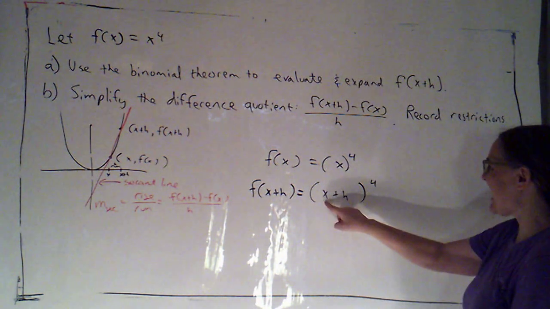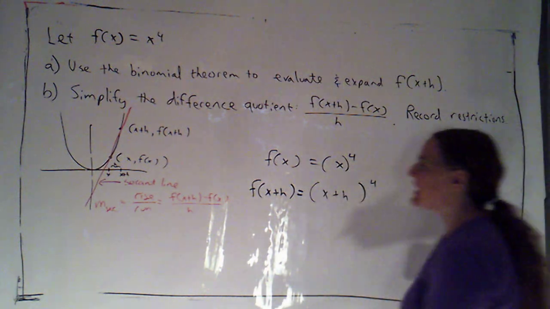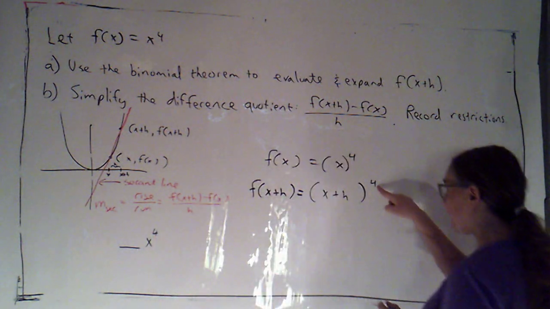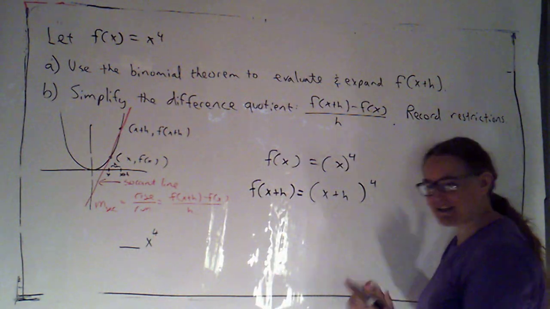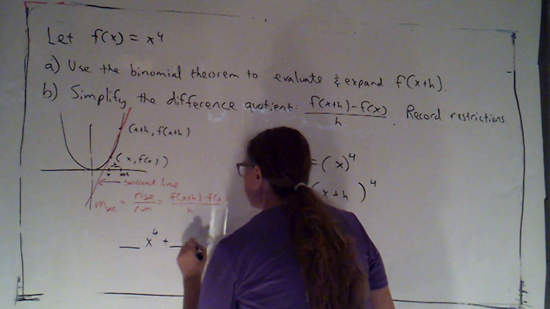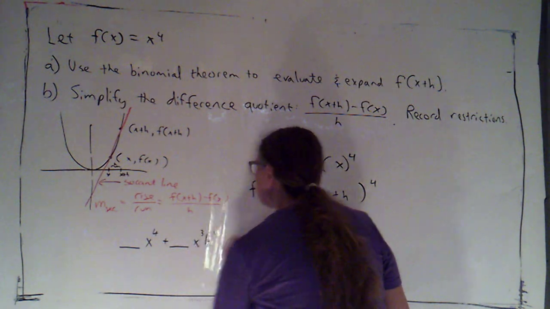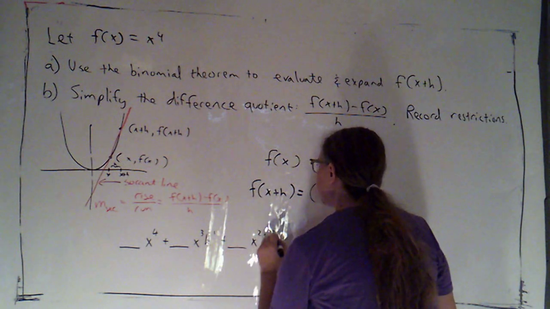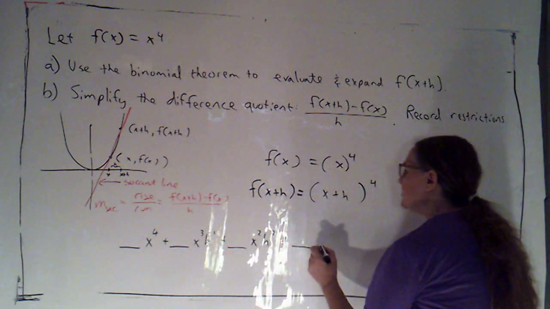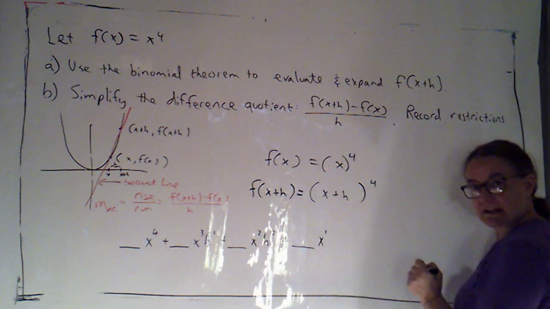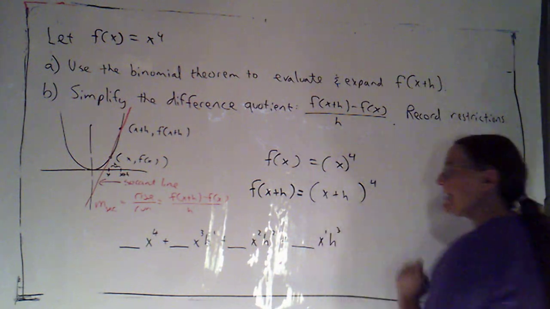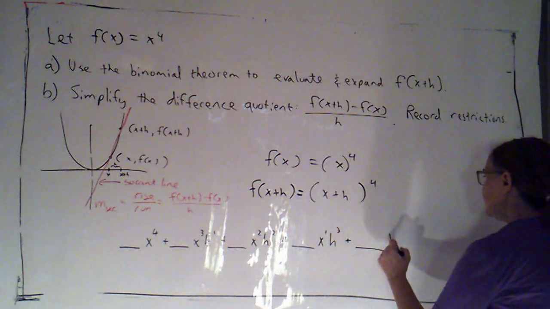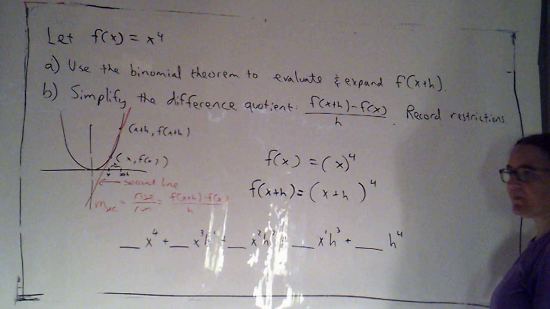My terms are just x's and h's. So I'm going to have some terms where all 4 of my factors are x's, so x to the fourth, plus some terms where I've got 1 less x, which means 1 more h, plus some terms with just 2 x's, but then 2 h's, plus 1 less x would be x to the first, 1 more h would be h cubed, plus somewhere I don't have any x's at all, but all 4 factors would be h's.